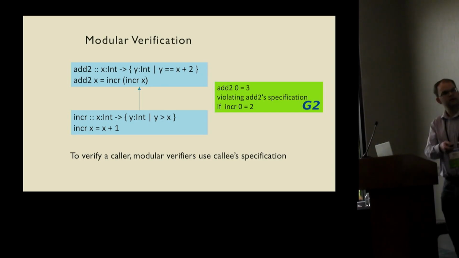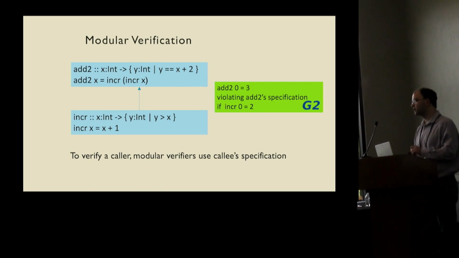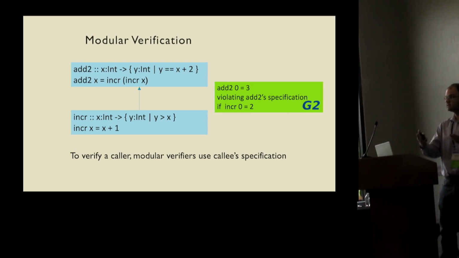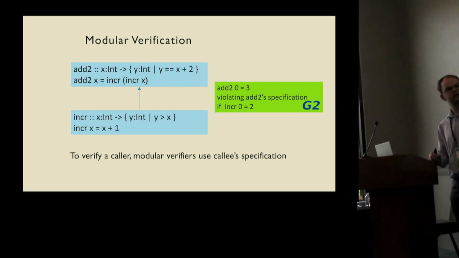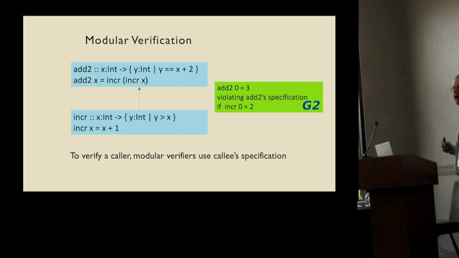So the key word here is if. Of course, incr of 0 does not equal 2, but the point is that the specification of incr does not tell us enough to know that add2 of 0 does not equal 2. And if incr of 0 did equal 2, that would cause problems for add2.